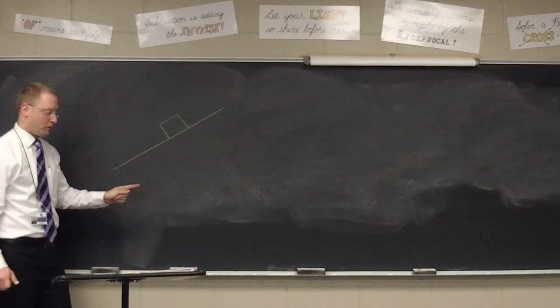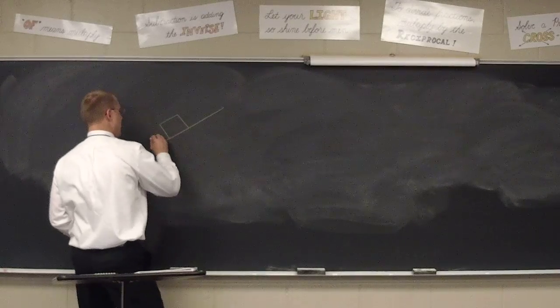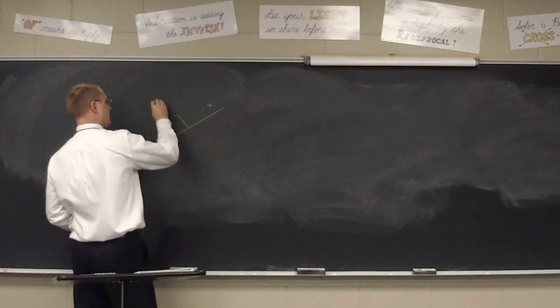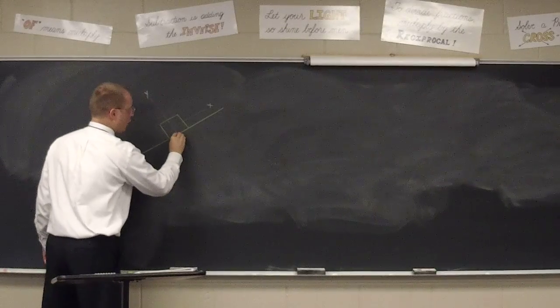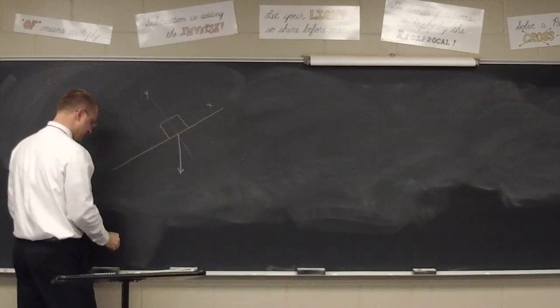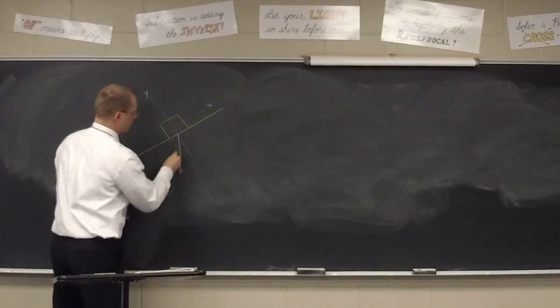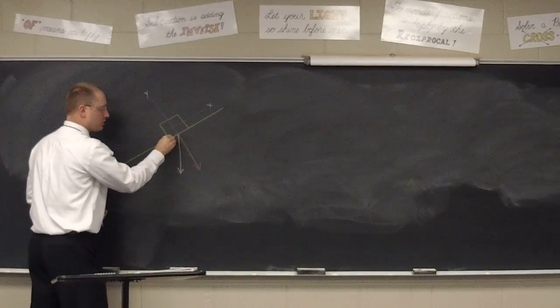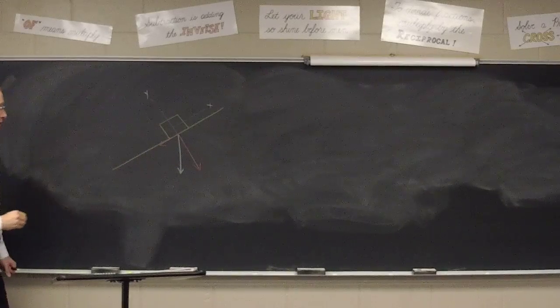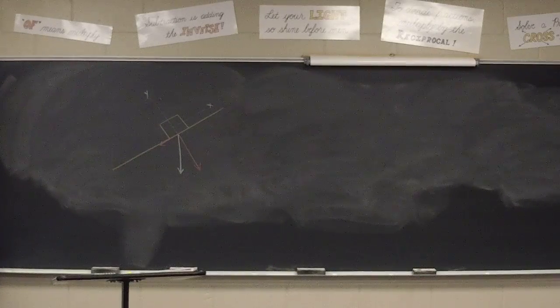It does. But if you look, class, at this as being x, and this as being y, weight which pulls straight down also pulls into the ramp and pulls down the ramp. Does that make sense?